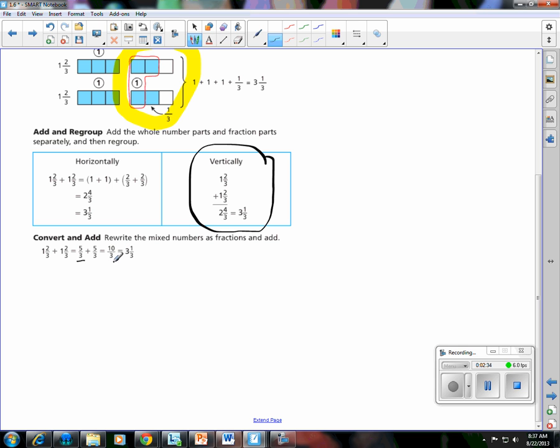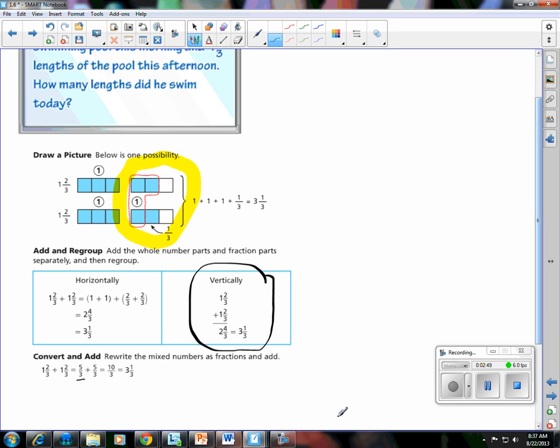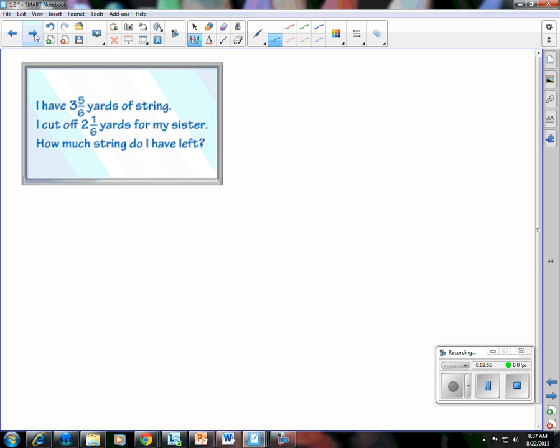Then I get 10/3, and then I see how many 3's I can pull out of that 10. I can pull 3 3's out of the 10, so 3 whole, and 1/3 is left over. Again, whatever method works best for you, I'm fine with. You'll probably consistently see me do more of the regrouping and adding straight away, okay?